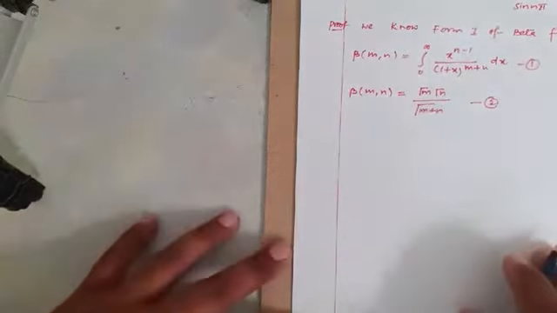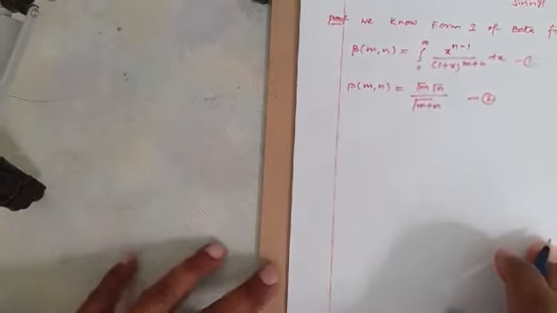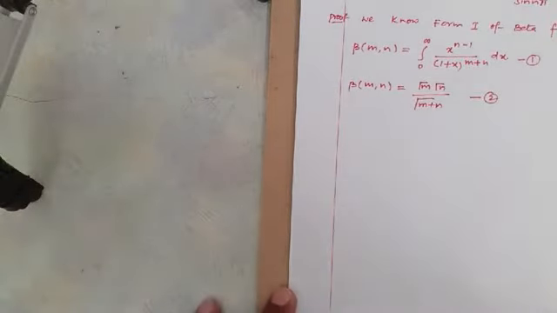So these are the two beta definitions we take, that is form 1, and the relation between beta and gamma.